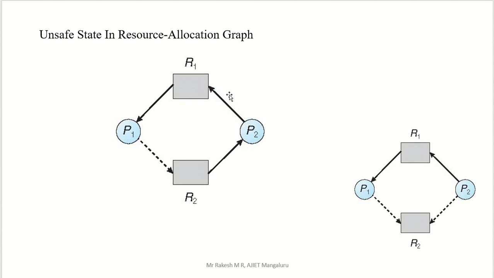So you can see here we have one, then here we have again. If there is any request from P1 to R2 in future, there is a request edge. This will convert to a request edge in future. So there is a cycle. You can see the arrow marks. If there is any cycle, definitely there is a deadlock.